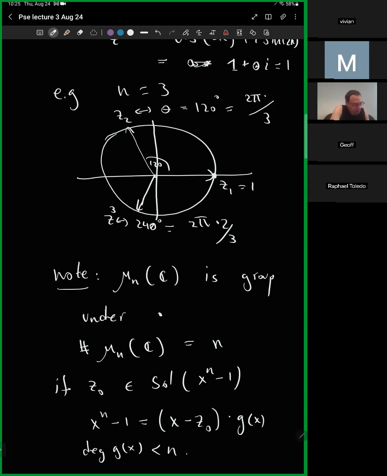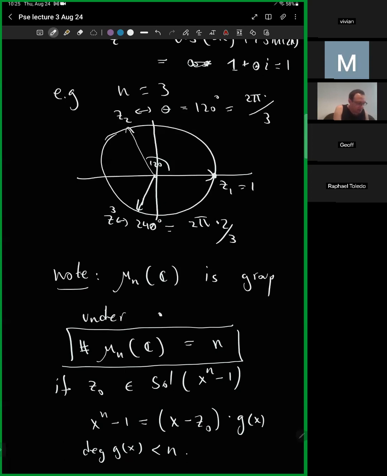So if I know that there could be at most n solutions to this equation, and I found n solutions, it means I described it completely. And so the number of elements in the set of nth roots of unity is n.